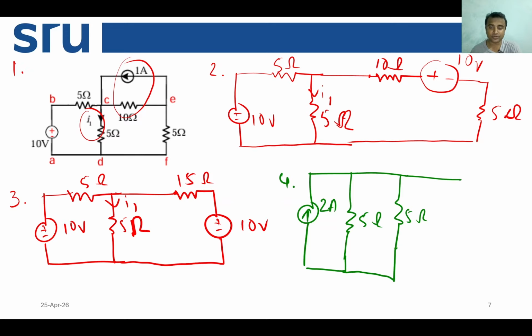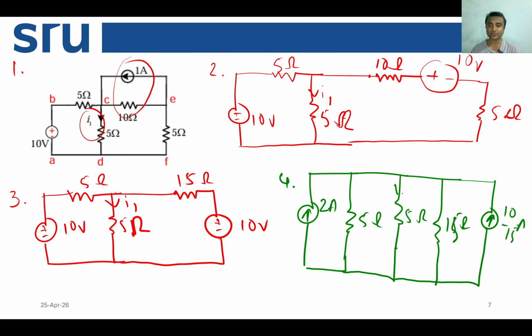And then same thing, it should be 15 ohm in parallel, and then you get 10 over 15 ampere in parallel. So this will be your circuit. Okay, and this is the target one. So this is I1. Okay, so this is something you got.